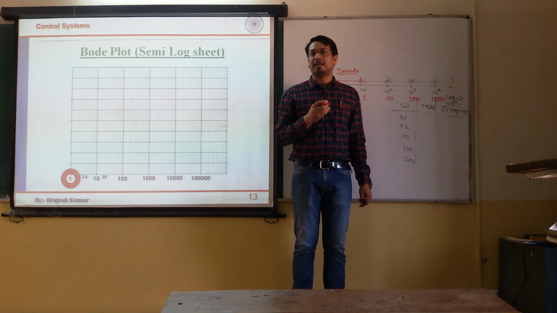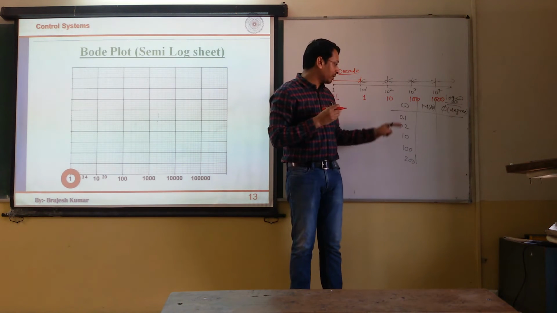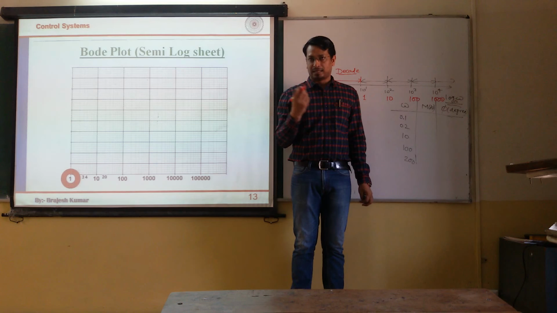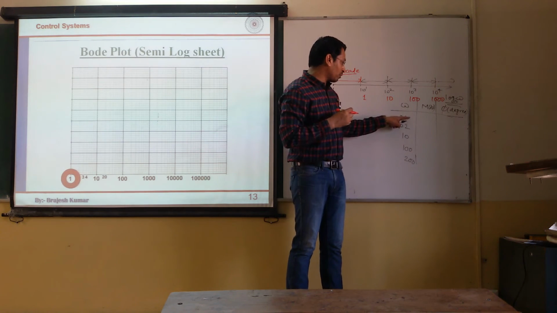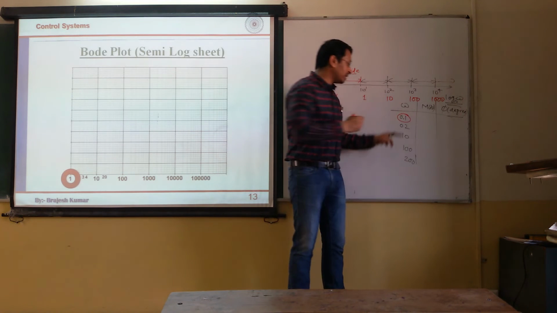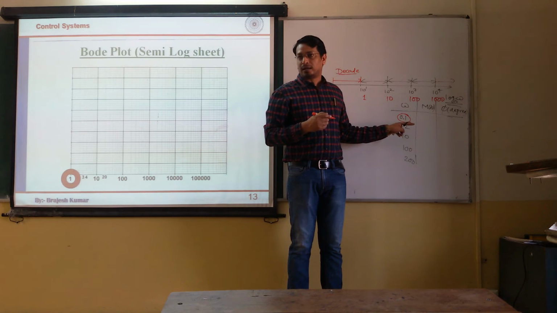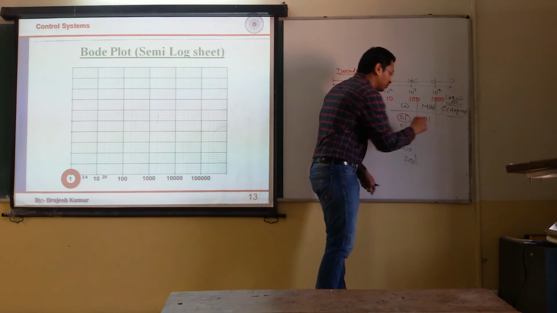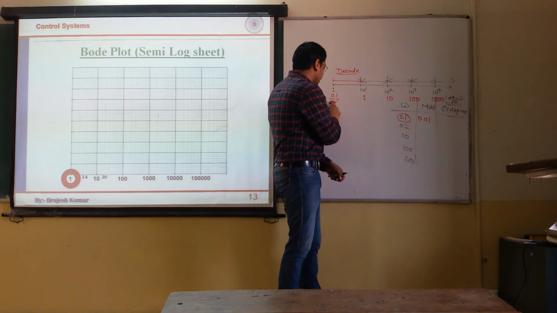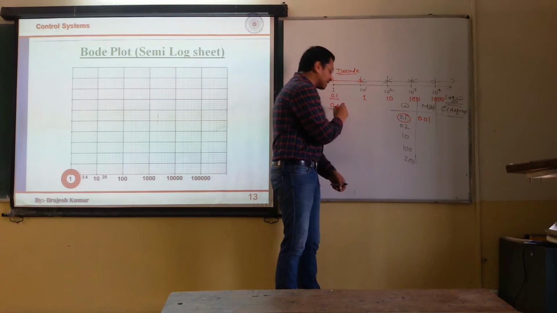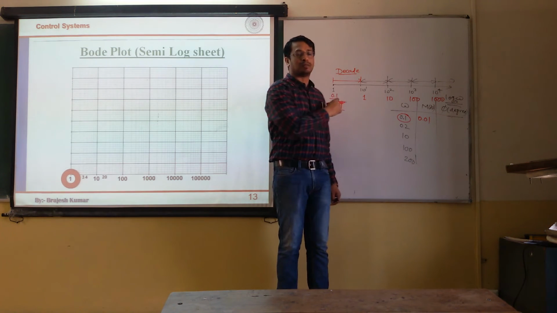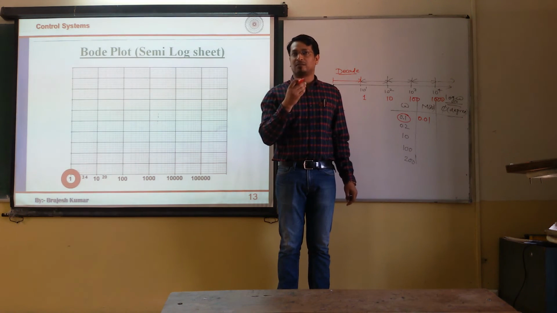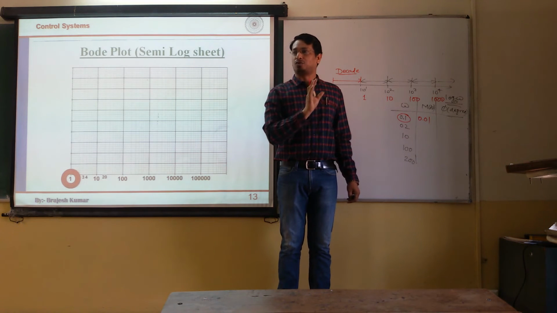Suppose you have encountered a transfer function which has a pole that you cannot cover with 0.1. We will see this when we solve an example. Then you have to choose 0.01. So you will define 0.01 as the minimum point, the value of input which tends to 0. It is dependent upon you.